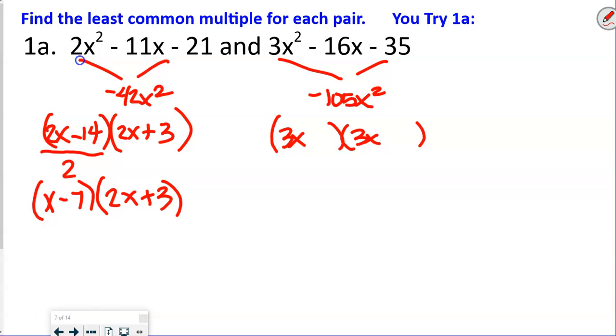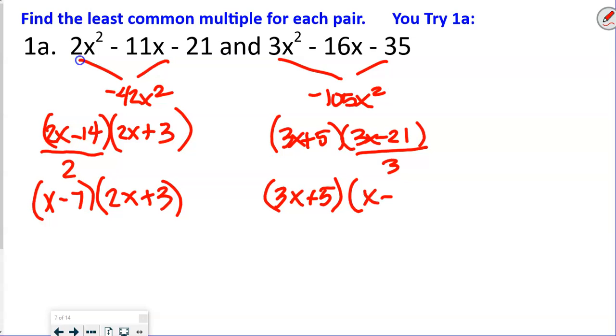So if I were to divide, I would do 5 first, divide 105 by 5. When I did that, I got 5 and 21, okay? So obviously the 21 is going to have to be negative and this is going to have to be positive because that's a -16. So again, this can be divided by 3, so this is going to be 3x plus 5 and x minus 7.